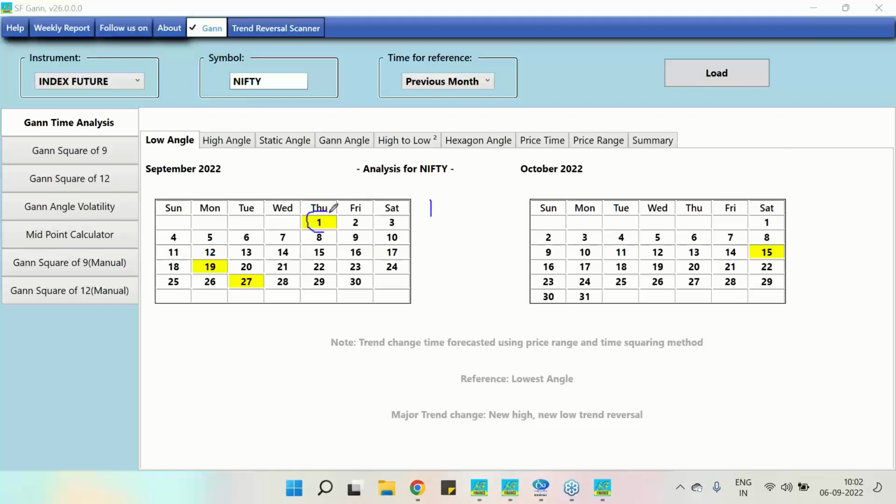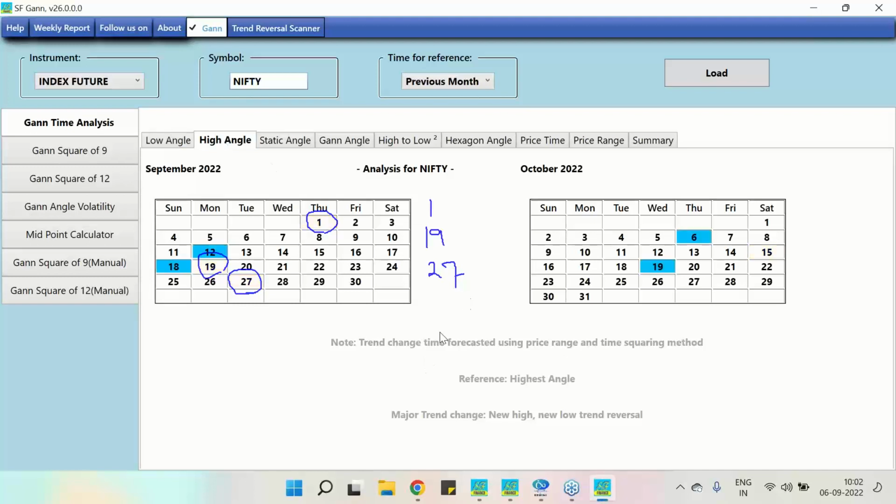It has the highest accuracy among all the angles. It falls on the first of September, and the 19th and 27th. All these dates are only trading days, not holidays. So it will happen on the same day exactly.